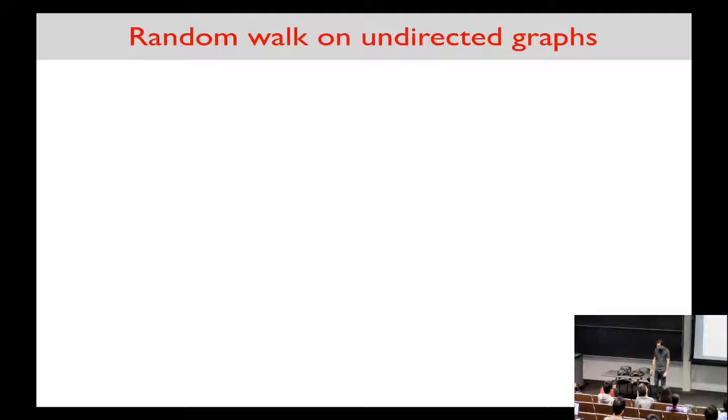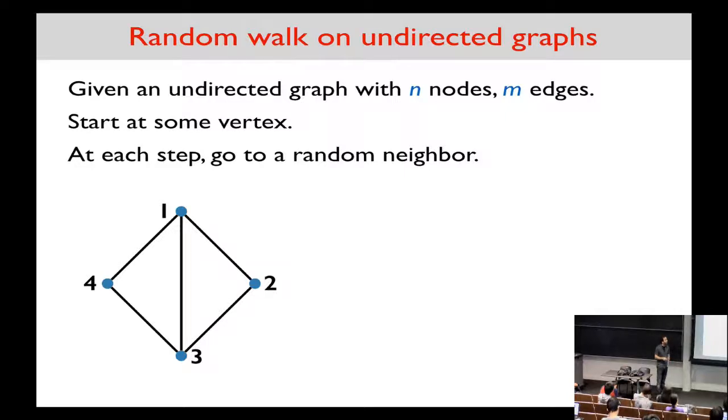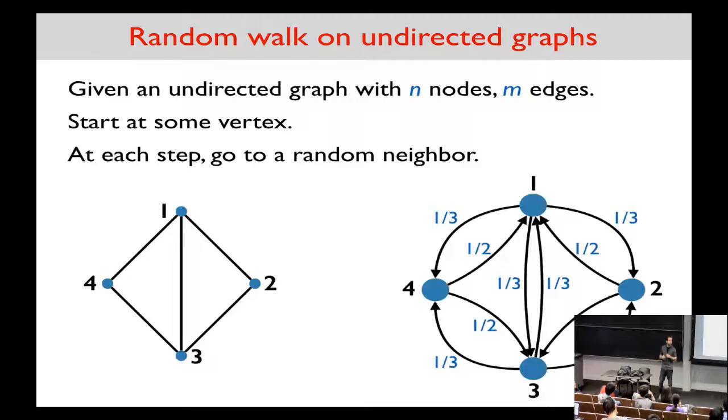So let's analyze that. Random walk on an undirected graph. Let's say we have some undirected graph with n nodes and m edges. As we said, we start at some vertex, and we keep picking a random neighbor iteratively. This process is, of course, a Markov chain, and that shouldn't be surprising. I can give you the Markov chain.